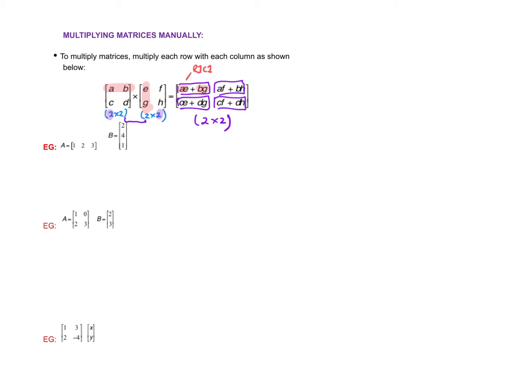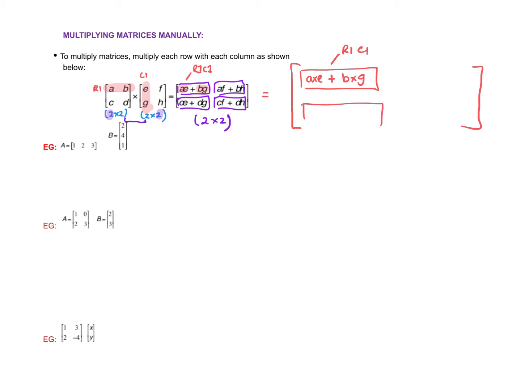So can you see that when I was working it out, I'll work it out a little bit bigger. So in this first spot, because this answer is row 1, column 1, I've used row 1 with column 1. So I've gone A times E plus B times G.